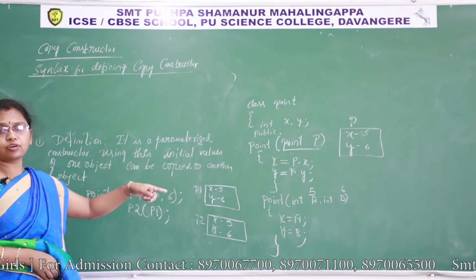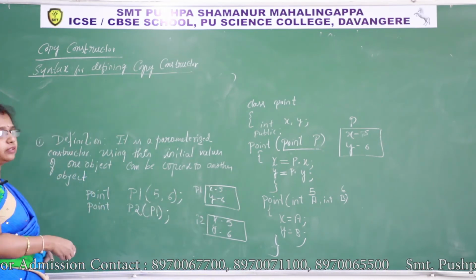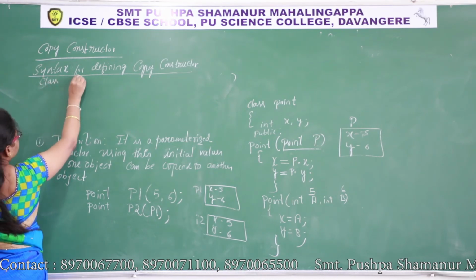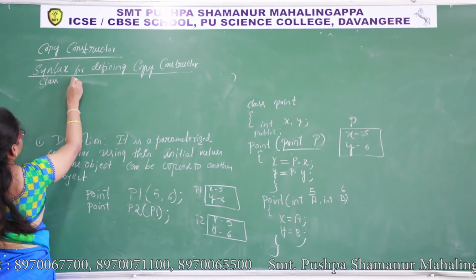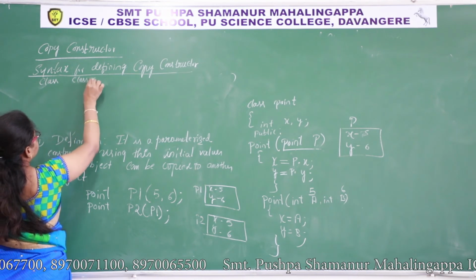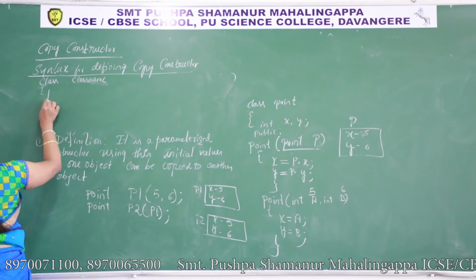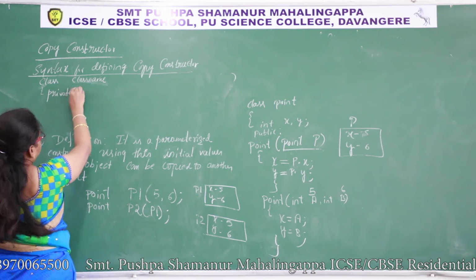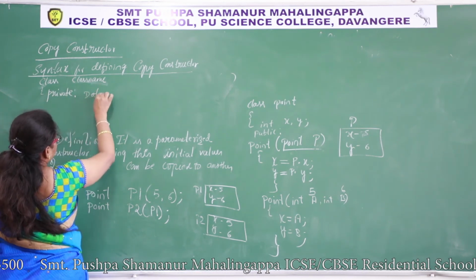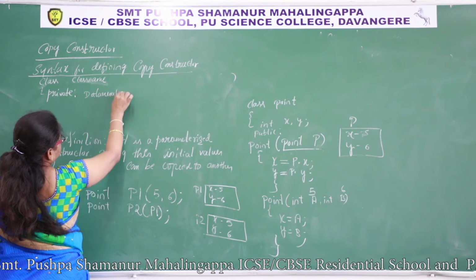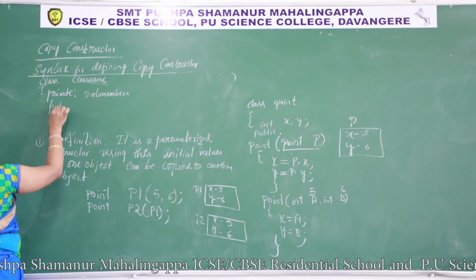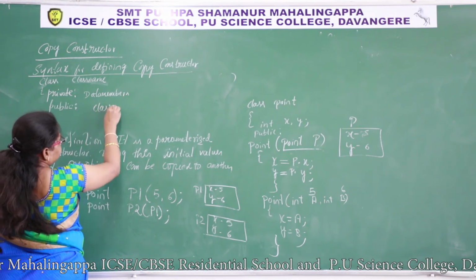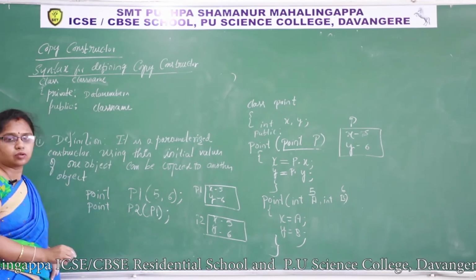So that is the definition of the copy constructor. Point is a class name. So how to write the class name? I'll start from the class itself. Class name, open flower bracket, in the private section data members, public, class name, open parenthesis.